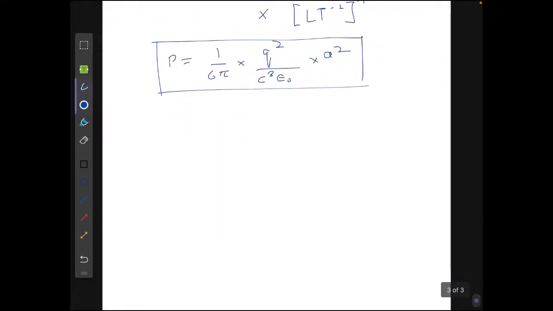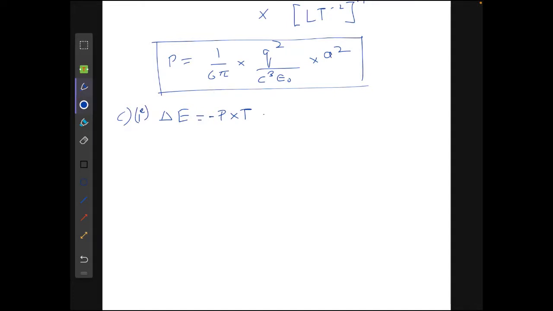So first of all, what we can get here is that the energy lost, delta E, will be equal to P times the time period, and this is with a negative sign because the energy is being lost.